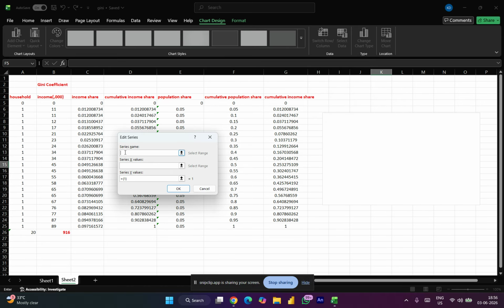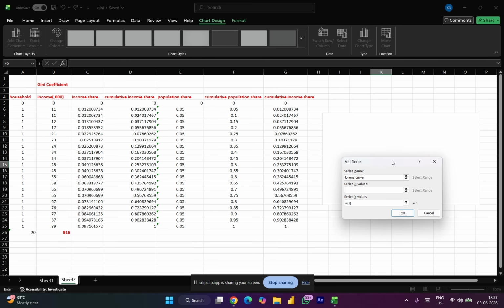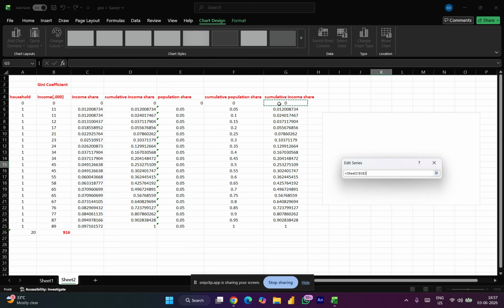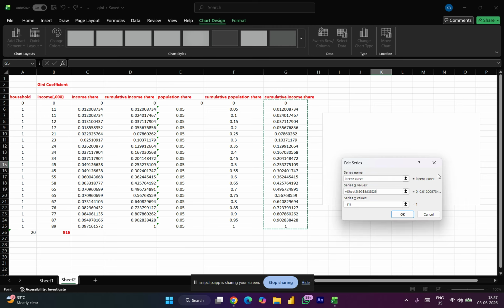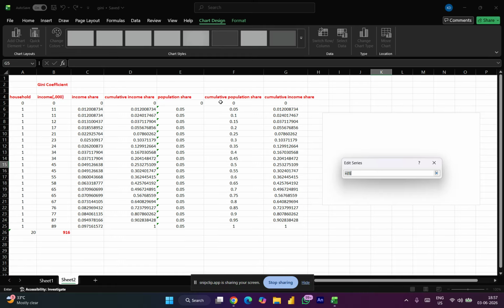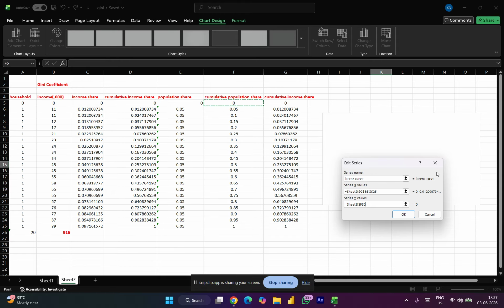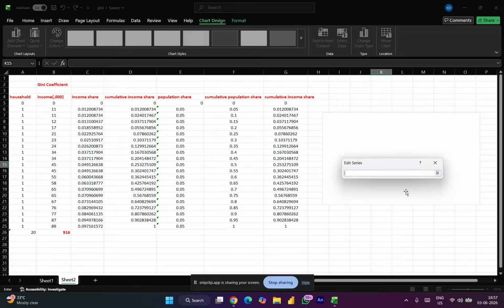Now, the Lorenz curve. In this Lorenz curve, we generally put the cumulative population share on the x-axis, horizontal axis.